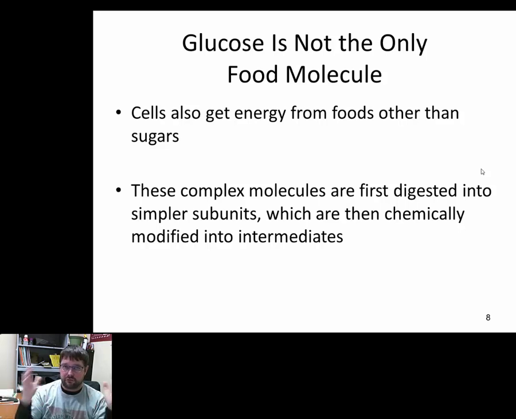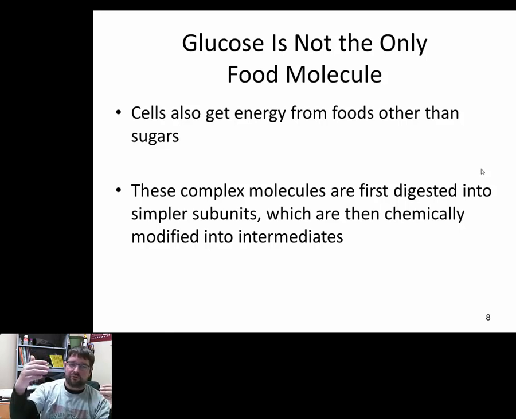Most of us, humans at least, we're consuming carbohydrates in different forms: starches, sucrose, lactose, other forms of glucose. Now, a lot of those have to be converted into glucose molecules or into other intermediates that are similar to glucose.